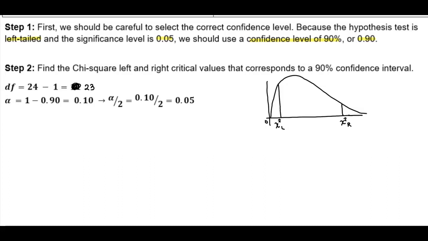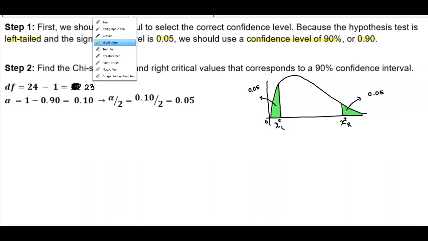We know that the area to the left on this side is going to represent 0.05. So we want to find the critical value on the left that has an area to the left of 0.05. And this is also another area of 0.05, and that's to the right. So let's go ahead and shade that.